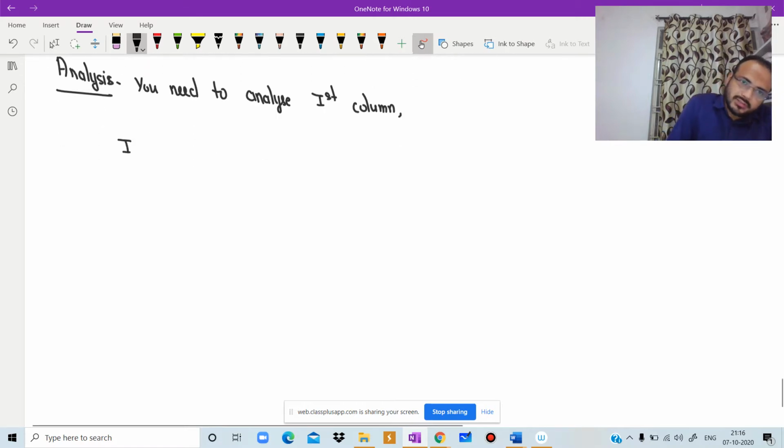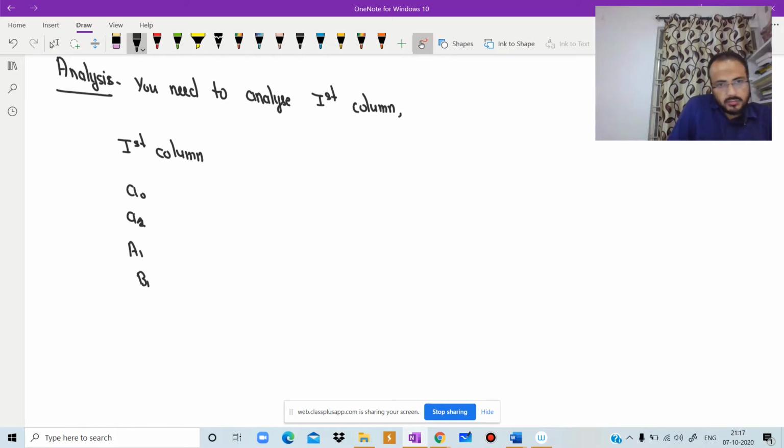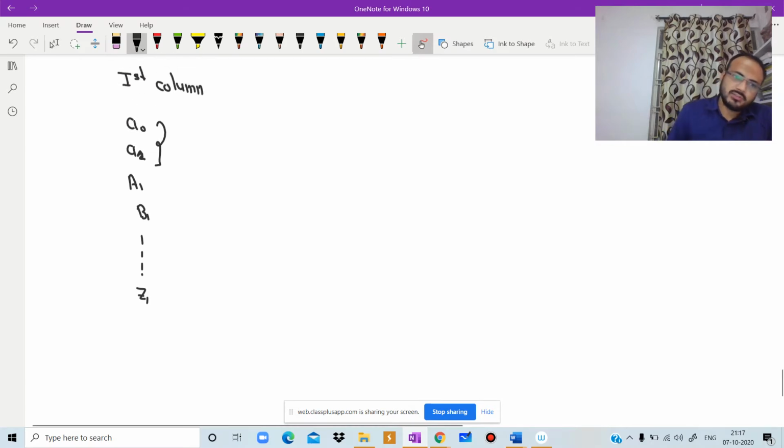So our first column is A0, A1, B1 up to Z1. These two we already know, and with the help of equations, we solved this one also. Now we will write conclusions.